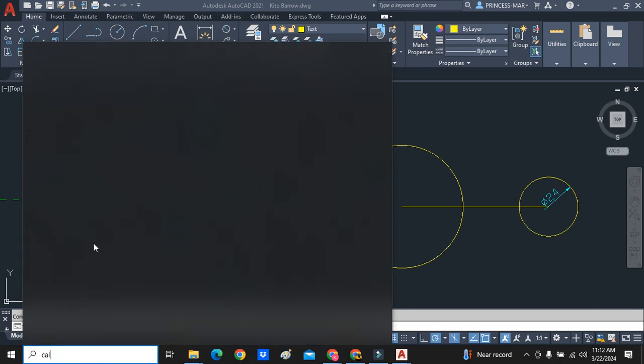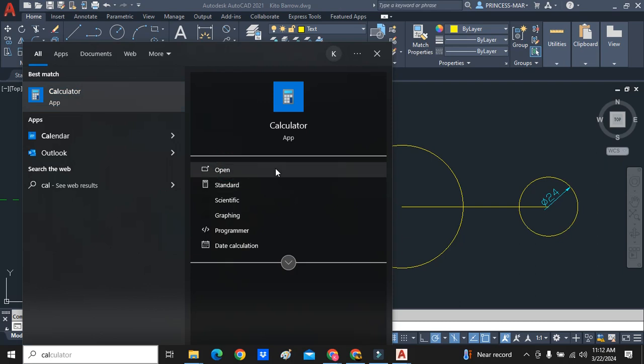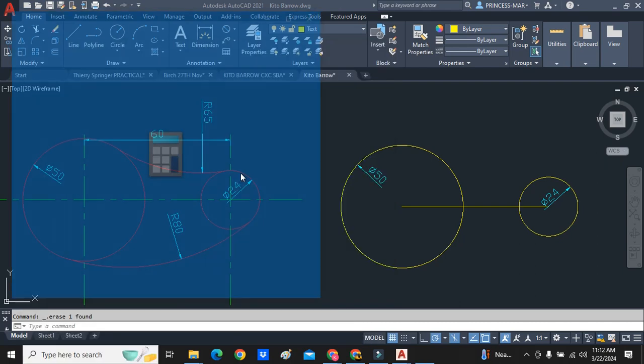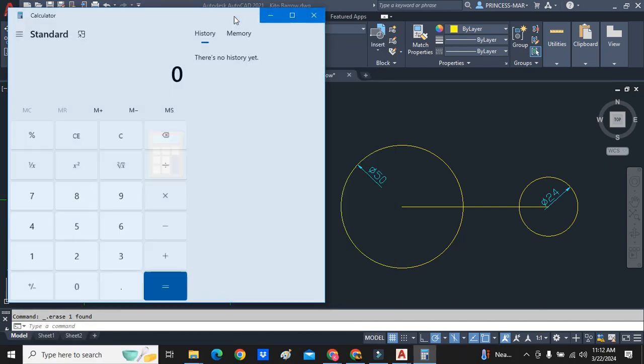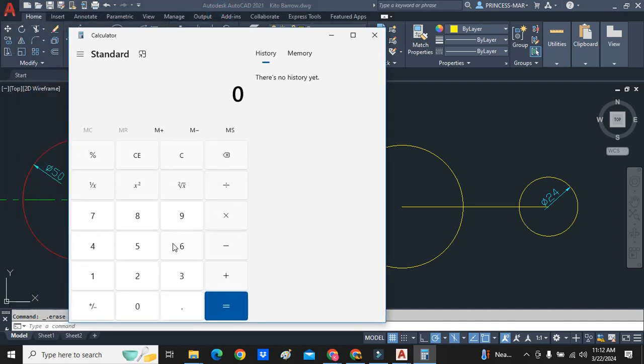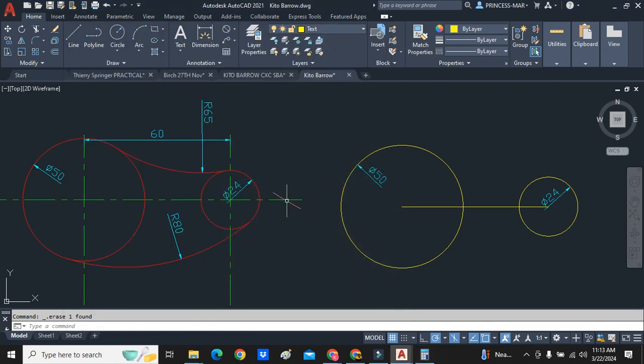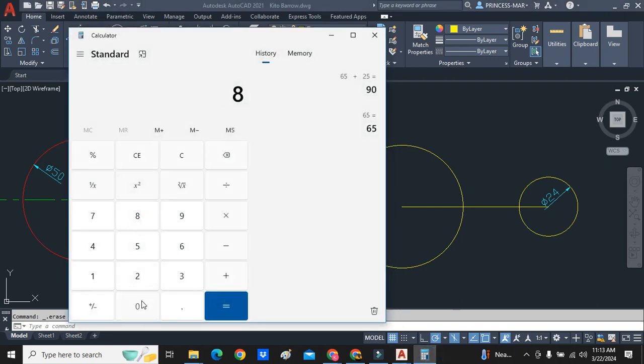There is a calculator in AutoCAD, but there's also one on your computer. So if I had to calculate, 80 subtract 25 should give us 55. Alright, so we have 55.